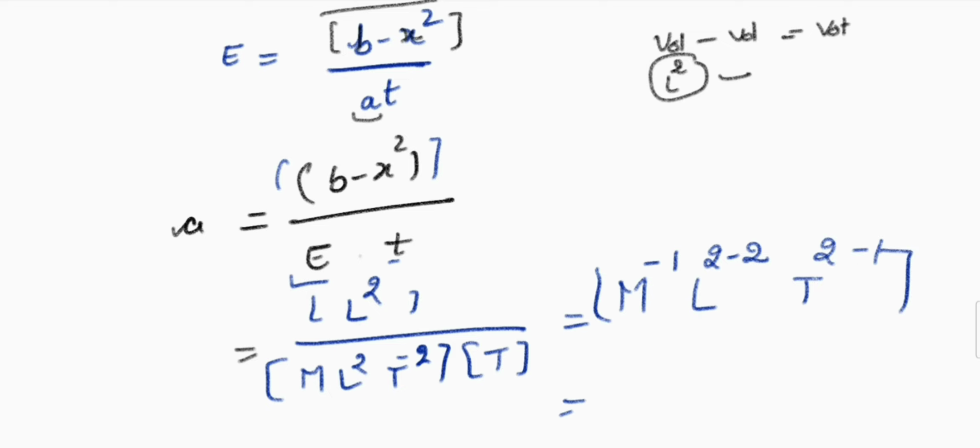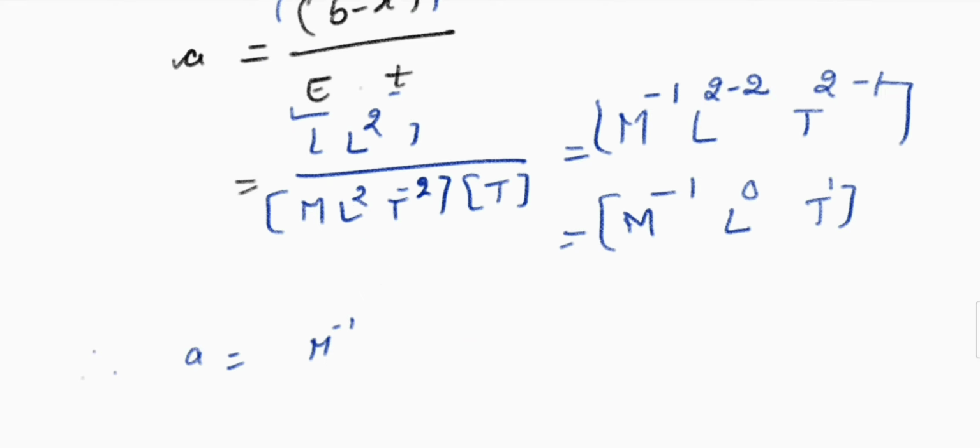So this is equal to M raised to power minus 1, L raised to power 0, T raised to power 1. Therefore, the dimensional formula for A is M minus 1, L 0 and T 1, and the dimensional formula for B is equal to M0, L2 and T0.